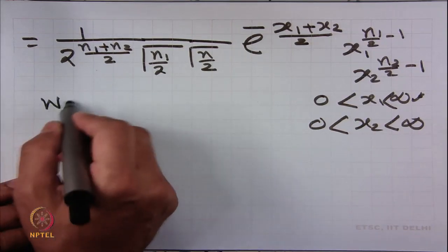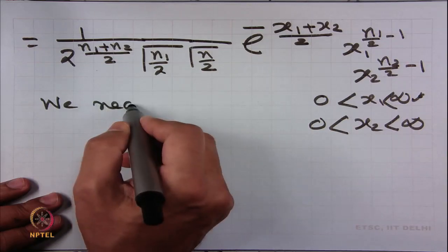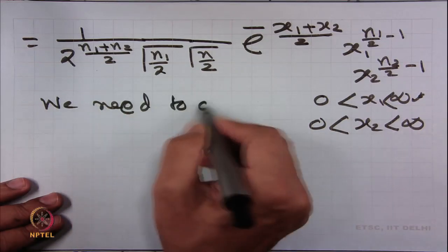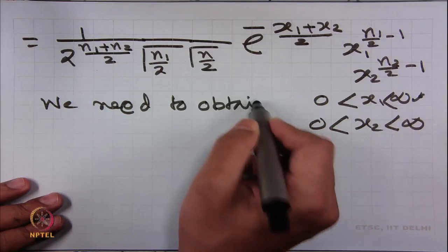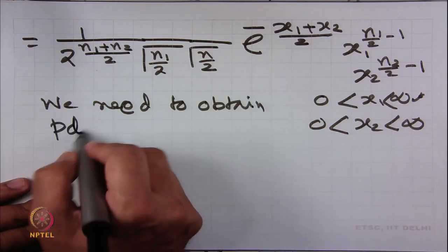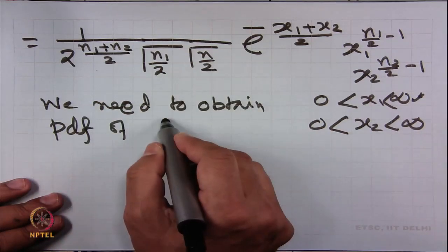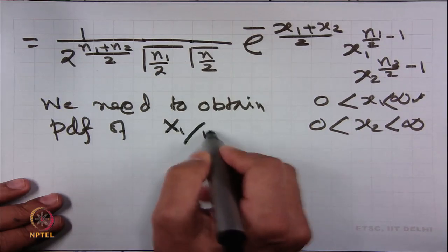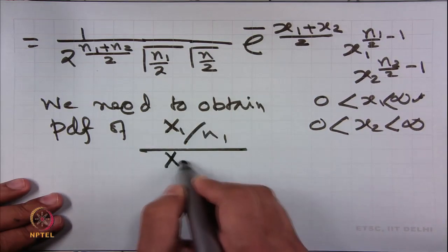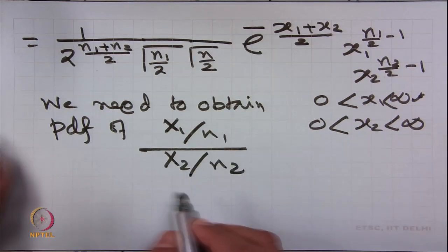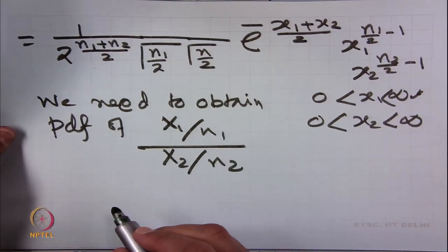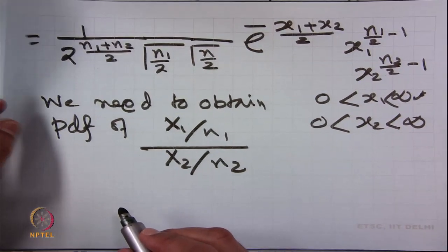We need to obtain the PDF of x1 upon n1 divided by x2 upon n2. So, let us make the transformation.